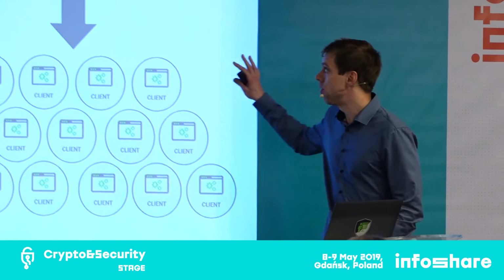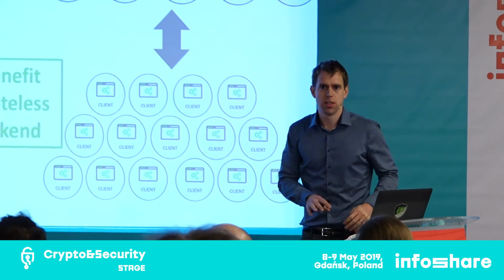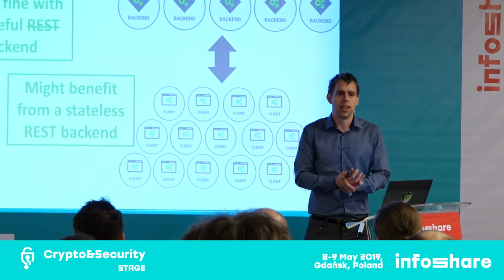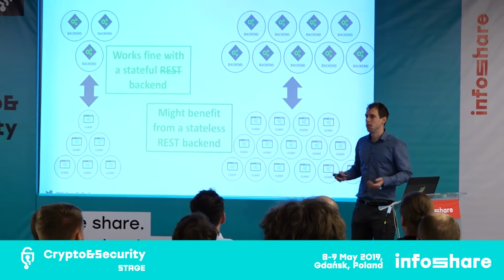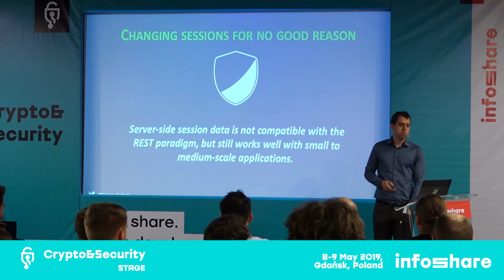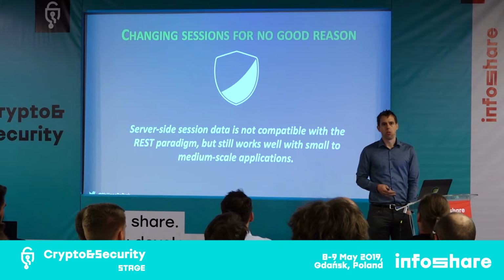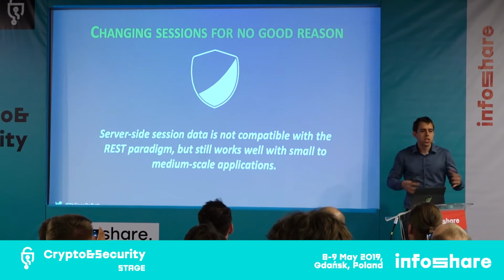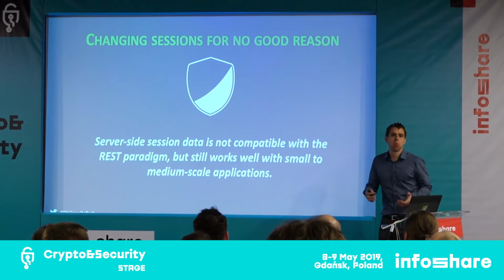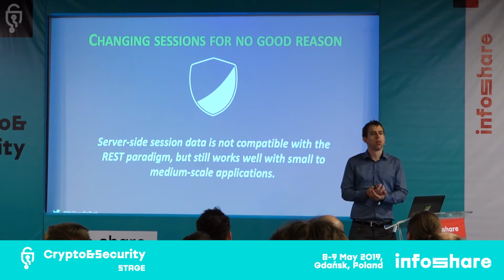Of course, if you have the use case for this, this makes perfect sense. But many people come to this realization after they build a system, like, why did we do that? We didn't need to do that. And I've talked to people that actually made that realization on their own or during one of my talks. So don't change your session management mechanism or state propagation mechanism or whatever you want to call it for the wrong reasons.